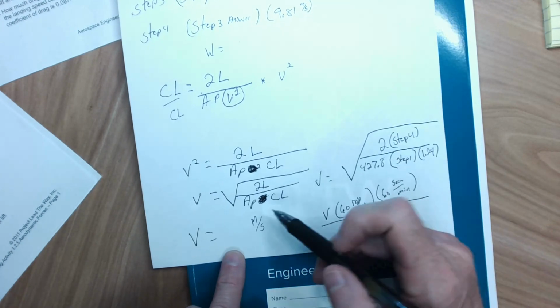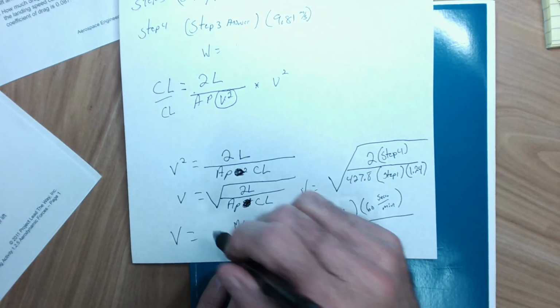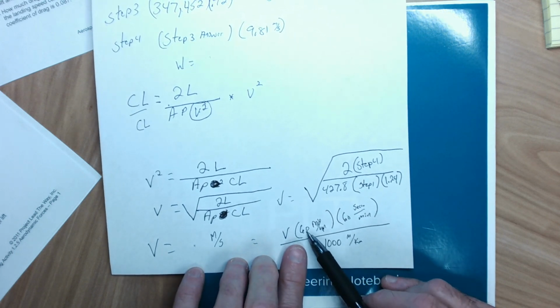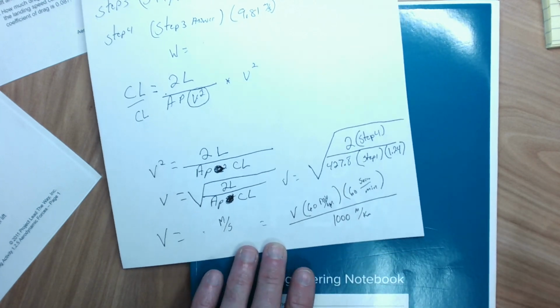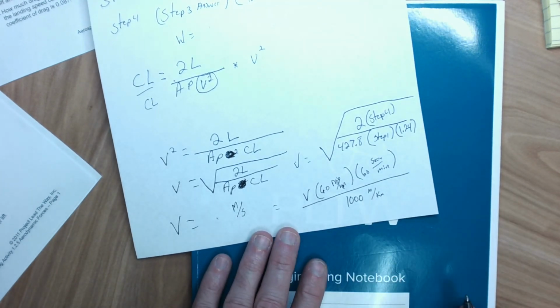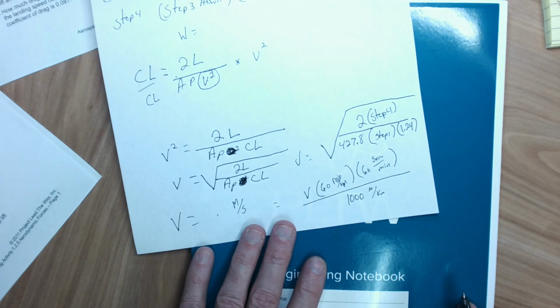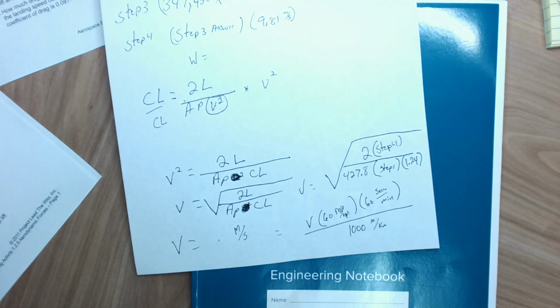That's going to give your velocity in meters per second. So then you're going to take this answer and you're going to multiply your answer by 60, then by 60 again, and divide it by 1,000. And that will give you your number in kilometers per hour. Yay! All right. Finished.